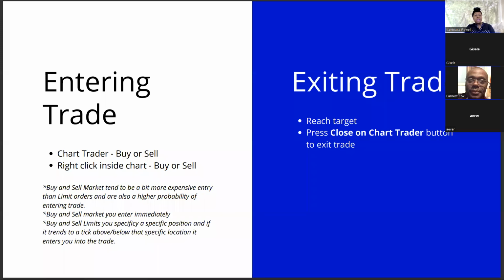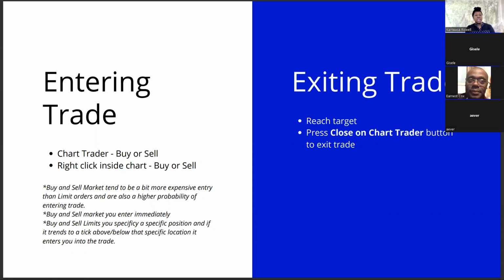So there's a possibility that with a limit order, you may not enter the trade, but by market, there's a high probability, I'm going to say probably 99% of the time, you're going to get into the trade wherever the market is trending at that time in which you press either buy or sell market.